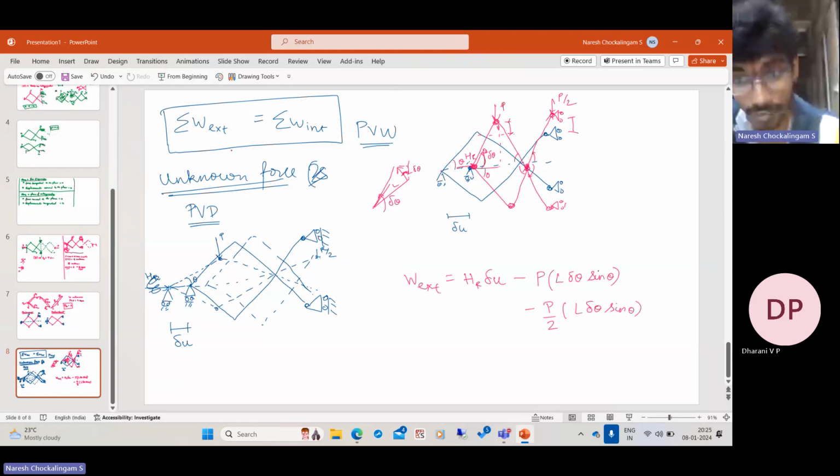Now, what is the internal virtual work done? Here you need to be very careful. The structure is already statically determinate. When I remove one of the support reactions, the structure becomes a mechanism. It cannot safely transfer loads any longer. So when I remove the horizontal reaction here, it becomes a mechanism, which means there are no internal forces. It doesn't deform.